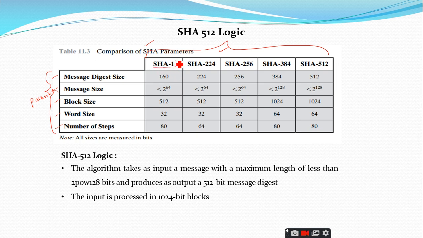The first is SHA-1, it is also represented as SHA-160, and this SHA-224 we can call SHA-3, and this SHA-256, SHA-384 and 512, as I told, can be represented as SHA-2. And as I told, our point of interest in this present discussion is around this SHA-512 only.